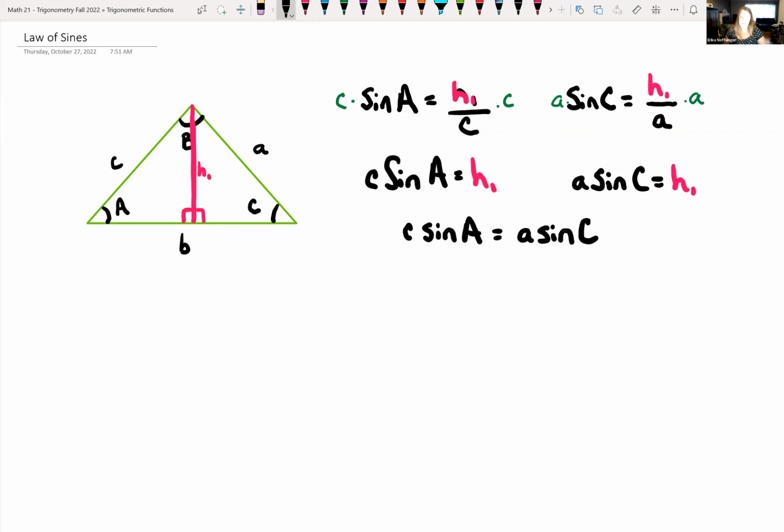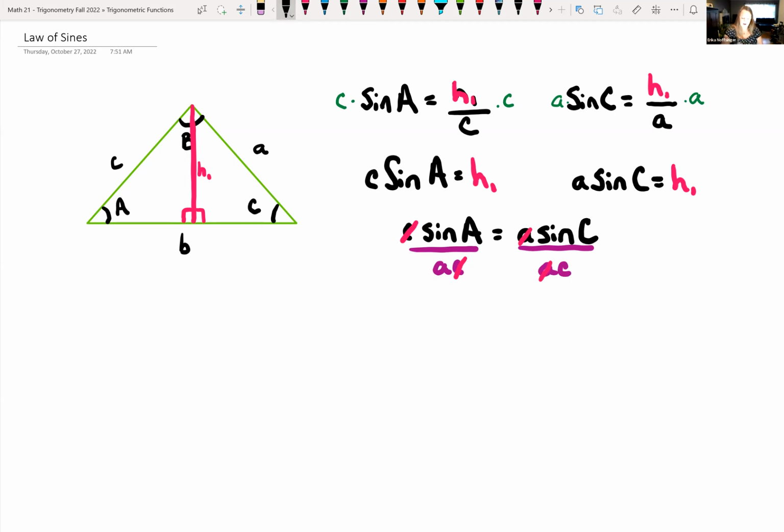So if I divide both sides by ac, on the left-hand side of my equation, my c's are going to cancel. And on the right-hand side of my equation, the a's would cancel.